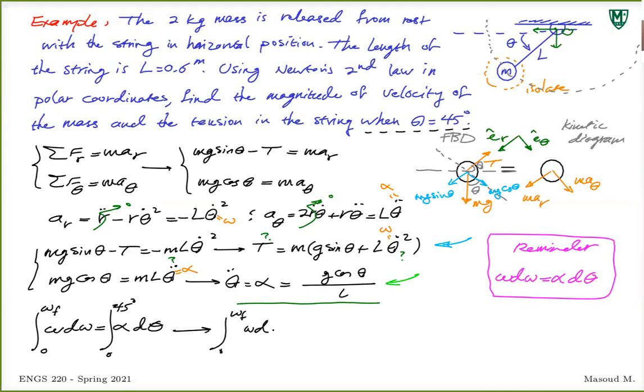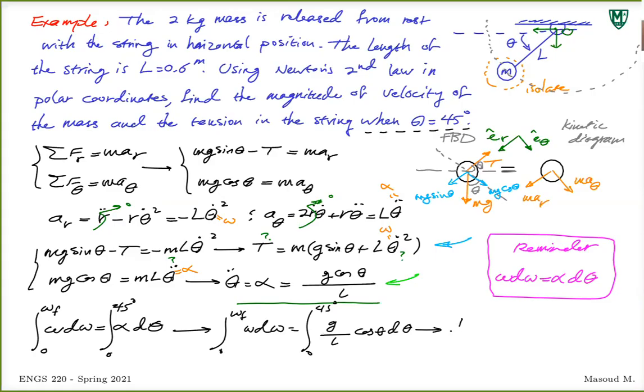So let me just write it again. Integral of omega d omega from 0 to omega final is equal to the integral from 0 to 45 degrees of g over L cosine theta d theta. Well, that's an easy integral. g over L comes out as a constant. The integral of cosine theta becomes sine theta.